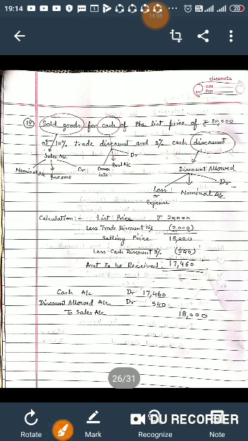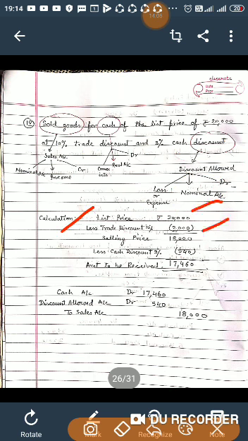And I have also shown the calculation. List price is given 20,000, then we deduct the trade discount, that is 10%, 2,000. Remaining amount 18,000 is the selling price. Then we are allowing 3% cash discount. 3% of the 18,000 is 540, so we will deduct it. Bracket shows negative amount.